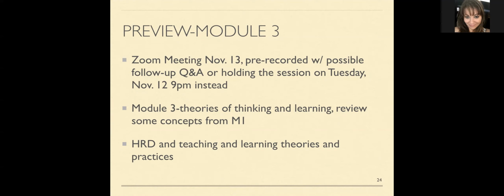Since a lot of next week is going to be a review of a lot of the names that we talked about between last week and tonight, I could do a pre-recorded session and then hold a follow-up Q&A on some other day. Or we can just hold a session on Tuesday the 12th at 9 p.m. instead. Either way is fine with me.